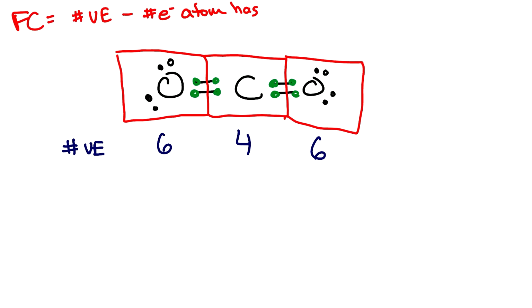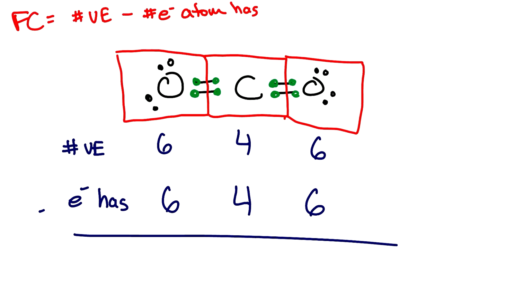Then you count the number of electrons each of those atoms has on the Lewis structure we've drawn. So how many electrons are drawn inside this oxygen box? 6, and then for the carbon, 4, and then 6. So when we subtract these numbers, we get a bunch of zeros. Is that good? That is good. 0 is good for formal charges.